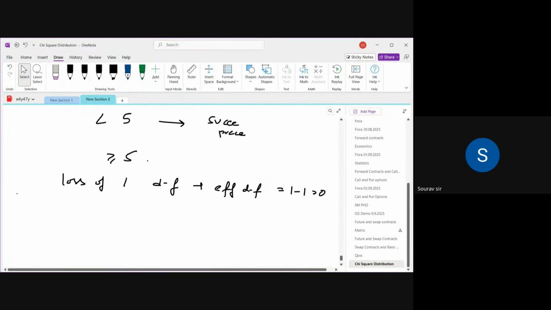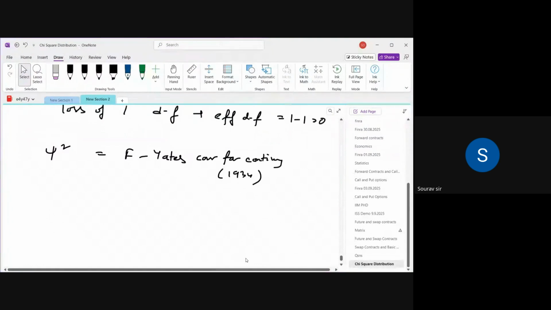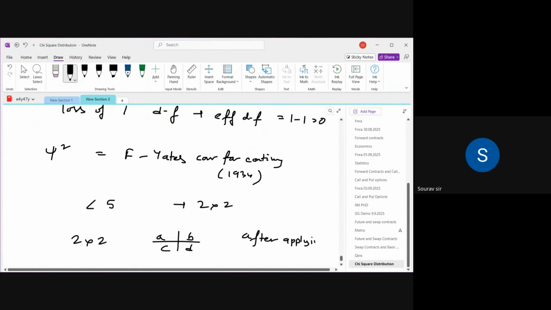Why? Because in this case, after applying Yates correction for continuity, which I am explaining, which consists in adding 0.5 to the cell frequency that is less than 5 and adjusting the other frequencies in the 2 cross 2 table, so that goes A, B, C, D after applying Yates correction.